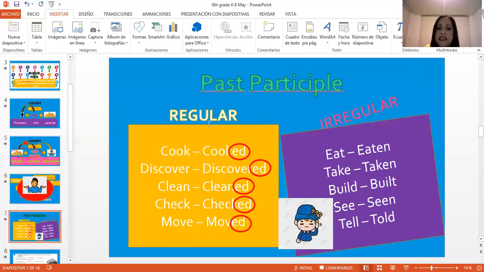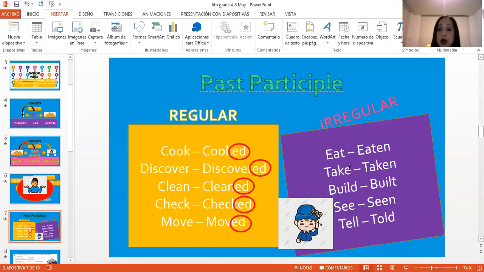The past participle is similar to the verb in past for the verbs that are regular. So you say cook, cooked, discover, discovered, clean, cleaned, check, checked, move, moved.